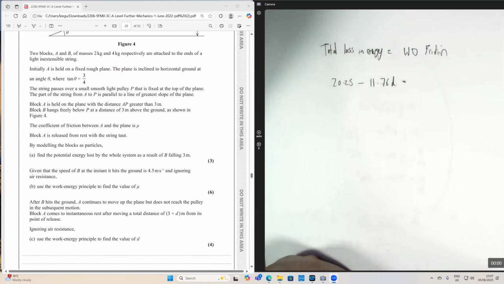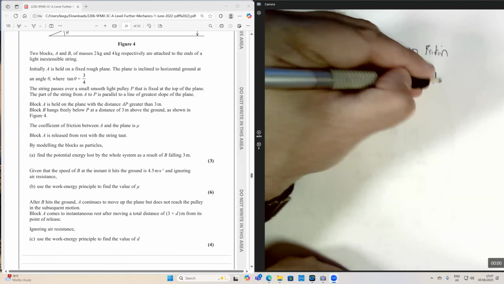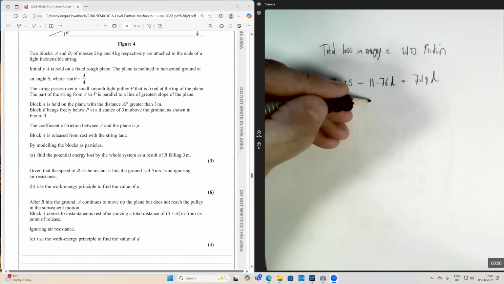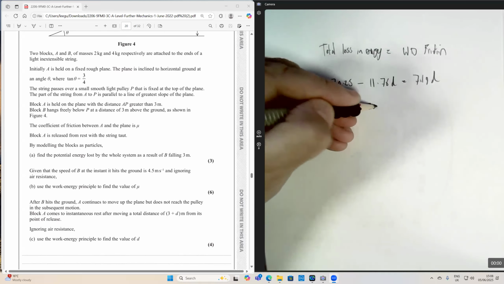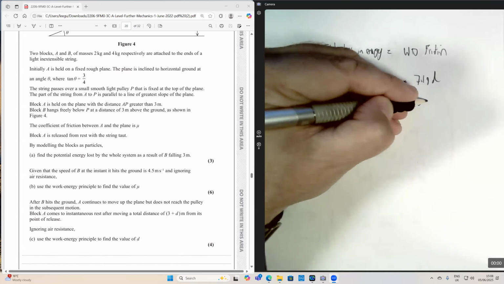And that must equal the work done against friction, which we've just established was 7.19 d. The only unknown in that whole expression is d. So we're going to add this over to the other side and then divide by what we get. And when we do that, we find out that 20.25 is equal to 18.95 d.